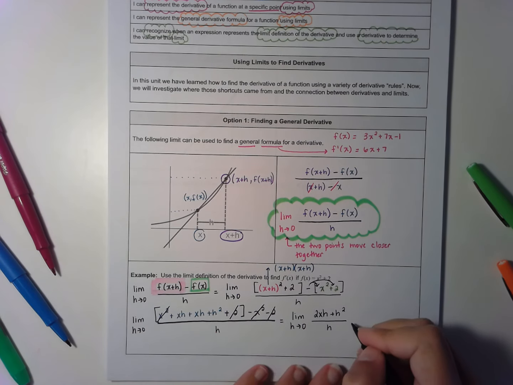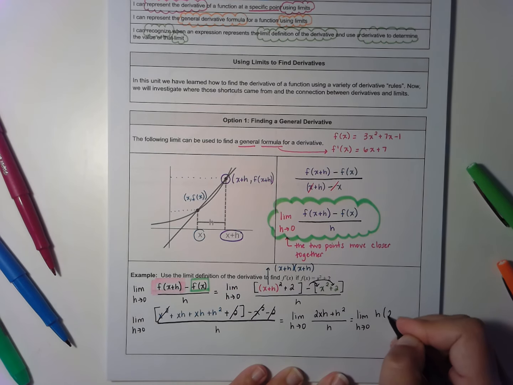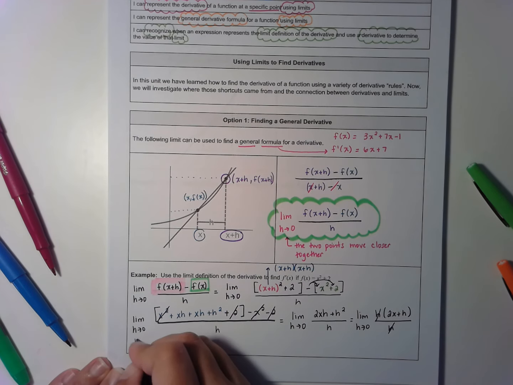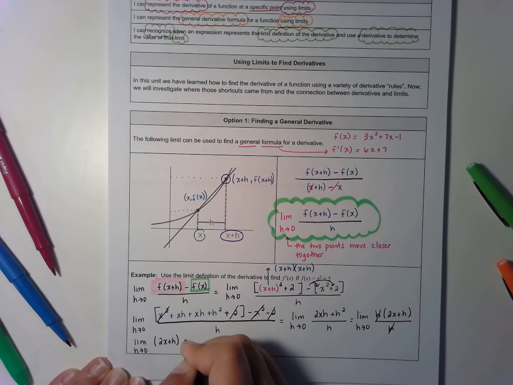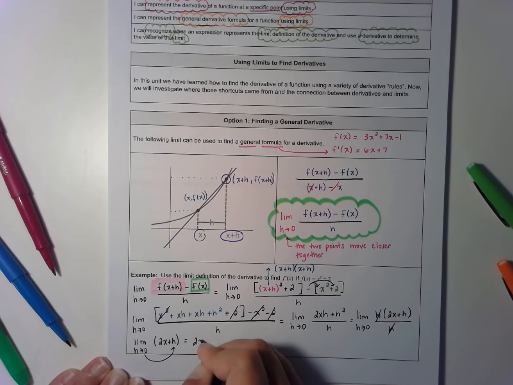But on the top, we can factor out an h. So we would get 2x plus h over h, and h divided by h makes 1. So now we just have the limit as h approaches 0 of 2x plus h, which means now we can plug in h equals 0 and we just get 2x.